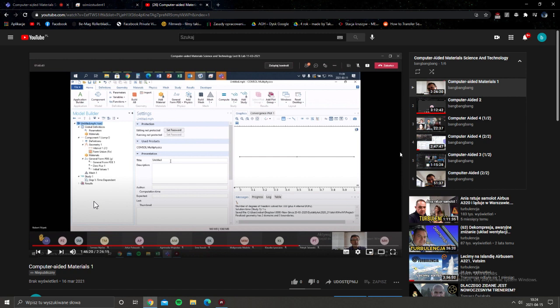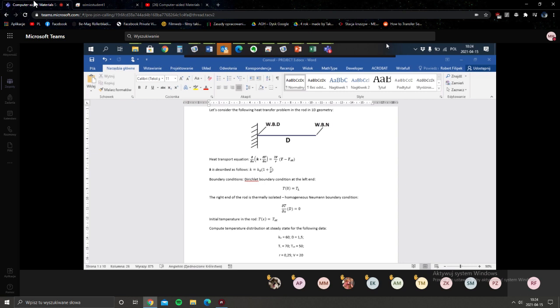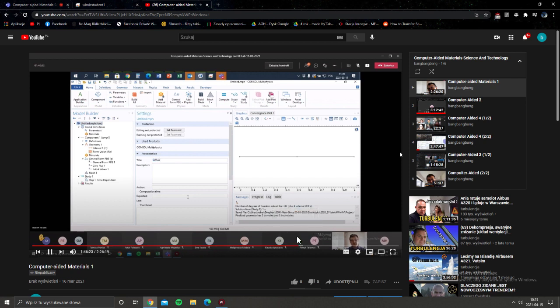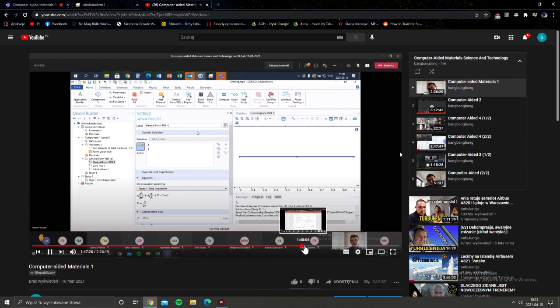However, we call this diffusion reaction, that it is just mass balance equation.